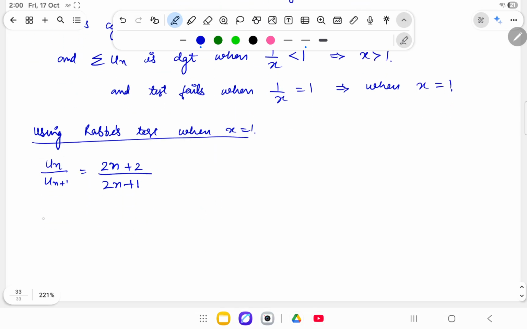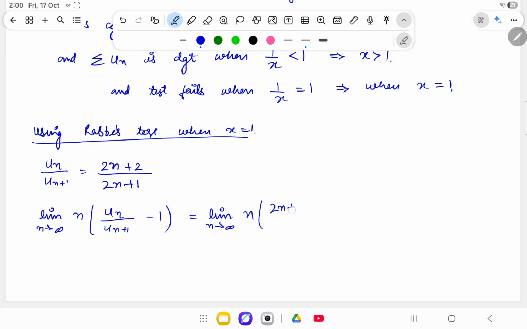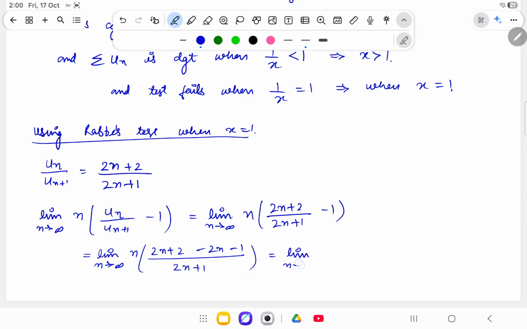Now if we calculate its limit, that is limit n approaches infinity of n times (un by un plus 1 minus 1), it will be equal to limit n approaches infinity of n times ((2n plus 2) by (2n plus 1) minus 1), which is limit of n times (2n plus 2 minus 2n minus 1) divided by (2n plus 1), which is limit of n times 1 by (2n plus 1). Now if we find its limit, it will be equal to 1 by 2, which is less than 1.